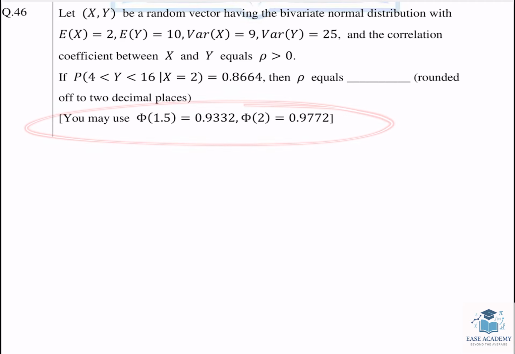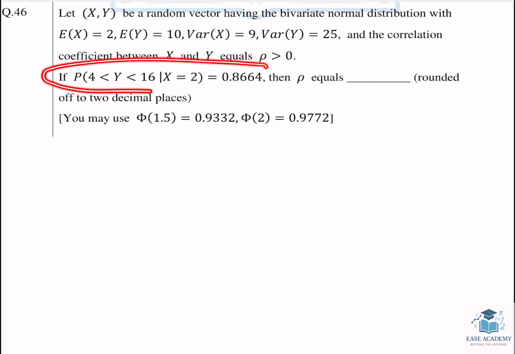Since to find rho we have information about this probability, that is nothing but a conditional probability.